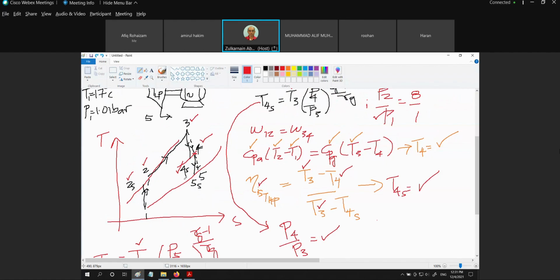What I could write from this TS diagram, as far as the pressure ratio is concerned, is this: the overall pressure ratio, where P2 is equal to P3 and P1 is equal to P5, is equivalent to the individual pressure ratio of the first turbine, P3 over P4, multiplied by the second pressure ratio, which is the turbine low pressure, P4 over P5.